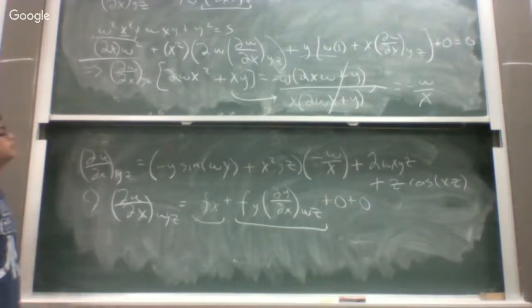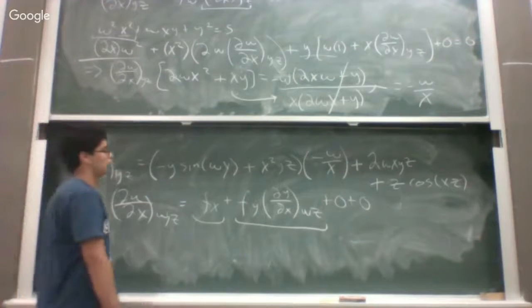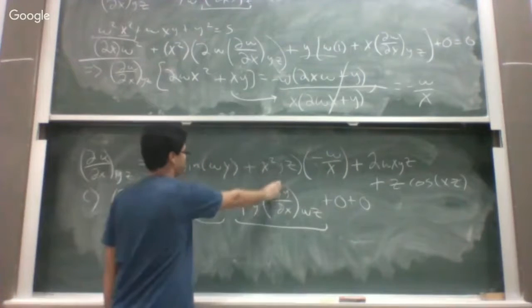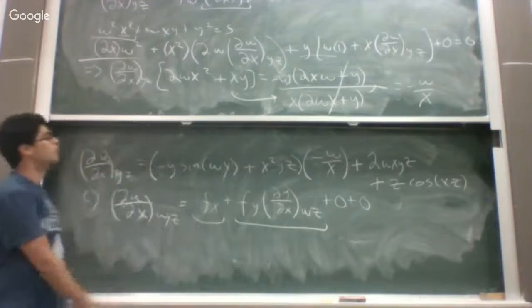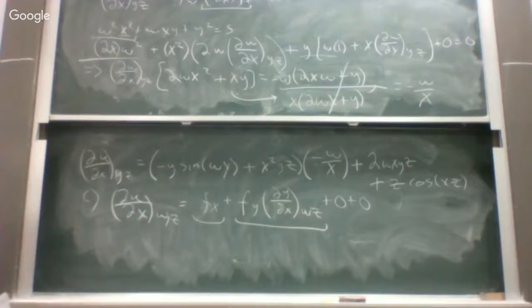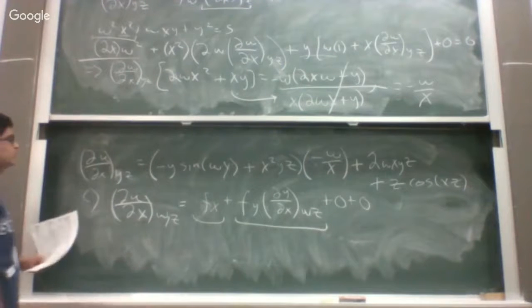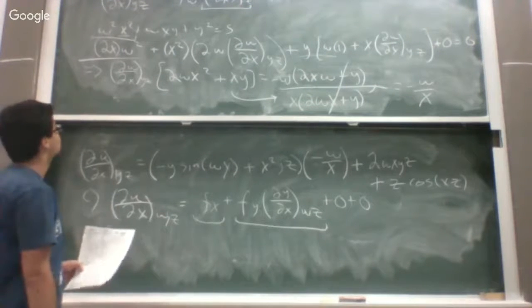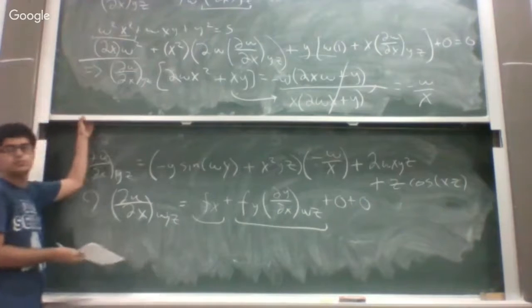So we can again do all of this step to find the partial of y over the partial of x implicitly. Or we can do it using the implicit function theorem. For this one, I'll just do the function theorem. So, do you guys have this copied down?